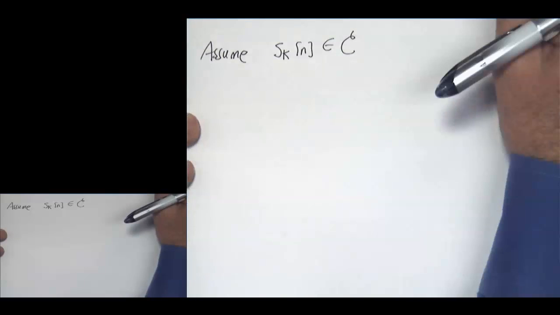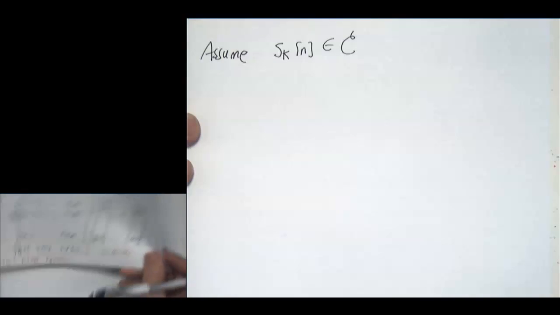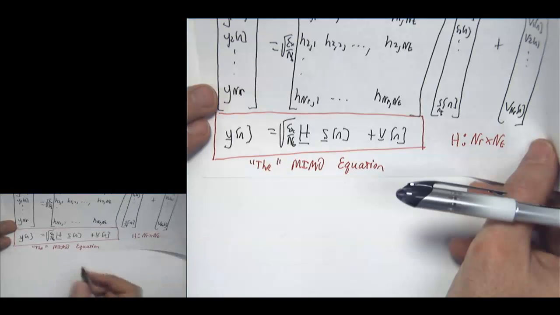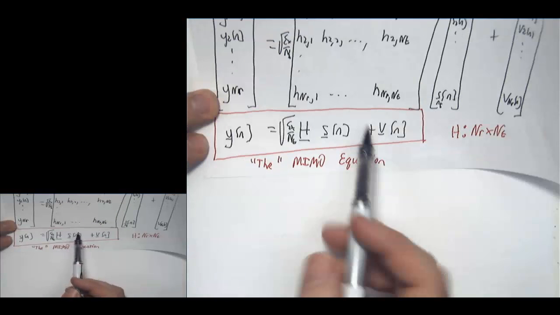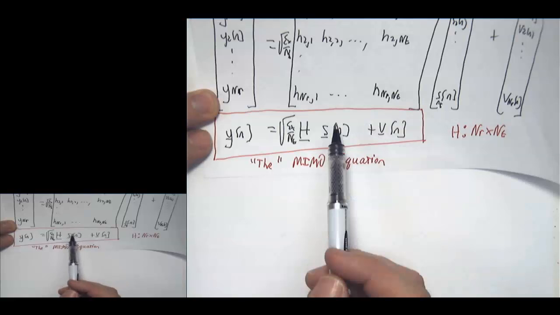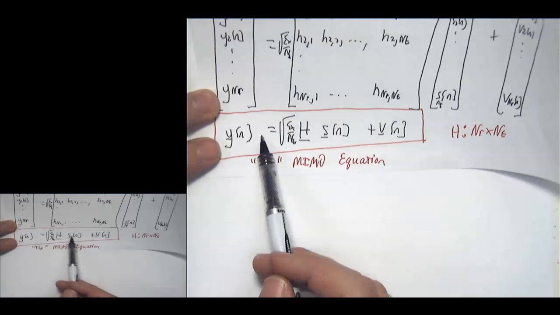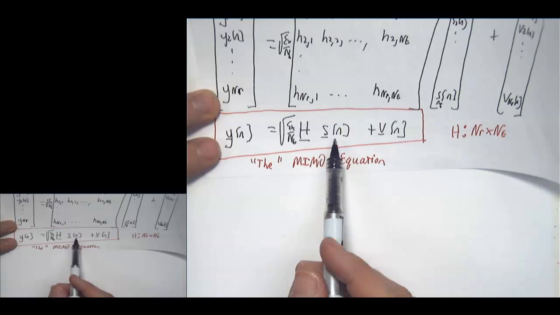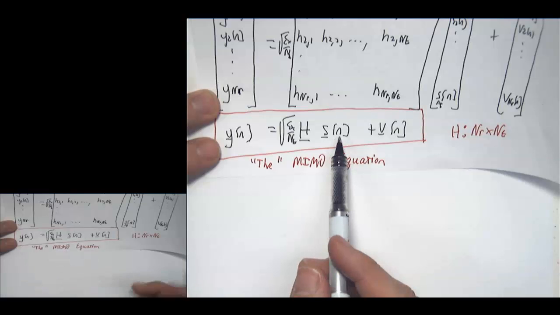Now, what we're interested in for the maximum likelihood detector problem is that we have a vector input-output relationship here. So we're going to try to find a likelihood function for y of n given a particular vector value of s. And so we care about the set of possible constellation points that this vector constellation takes.